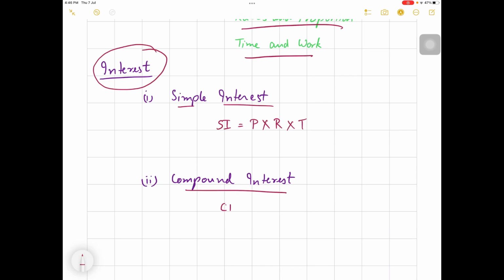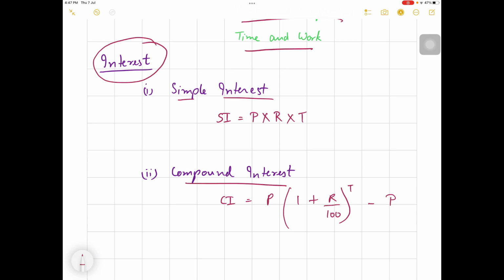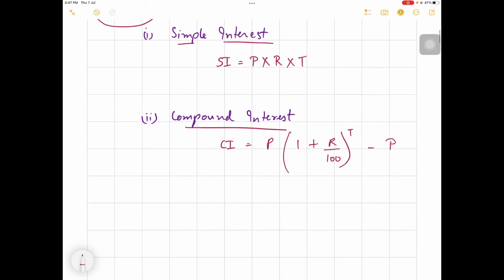Compound interest: the formula for compound interest is P into (1 plus R upon 100) raised to T, minus P. So what is principal, what is amount, what is term, what is rate of interest?